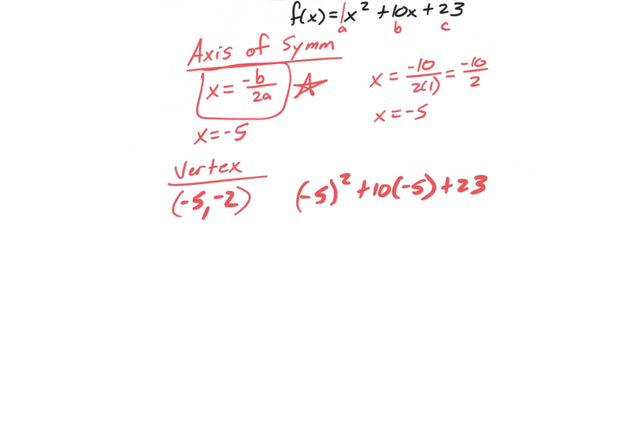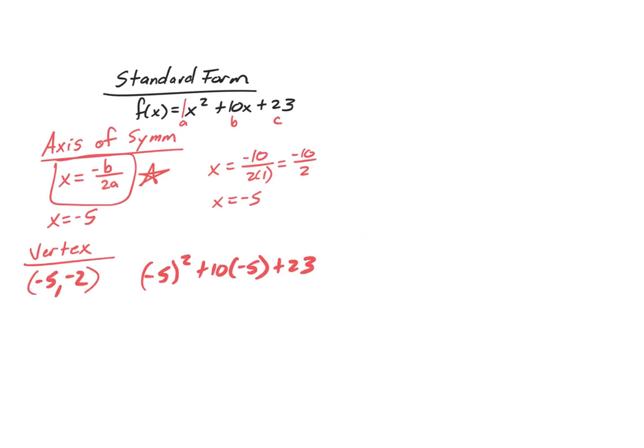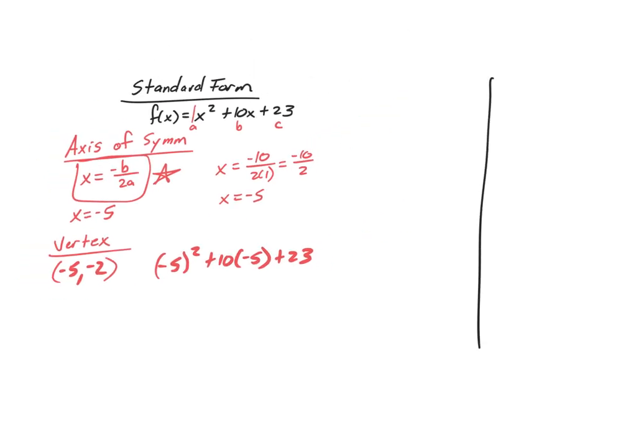Now, if I wanted to graph this and get some of the different pieces going on here, the one thing that I already know is my vertex is at negative 5, negative 2.